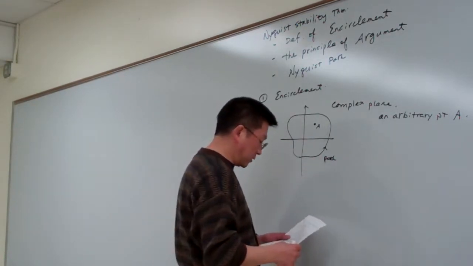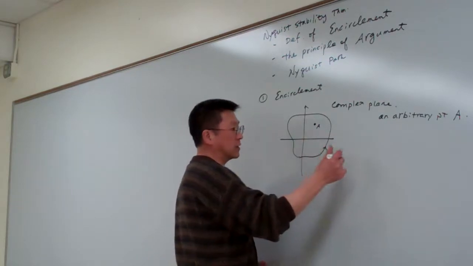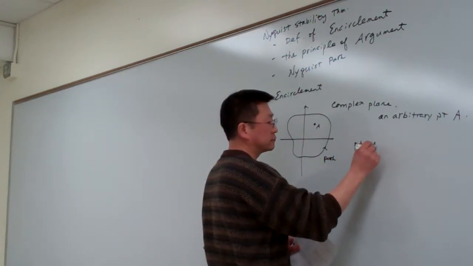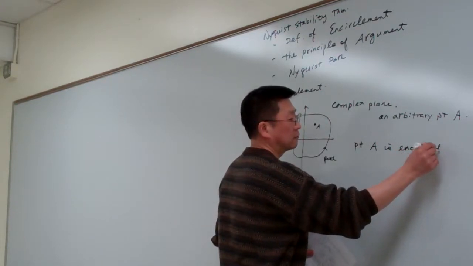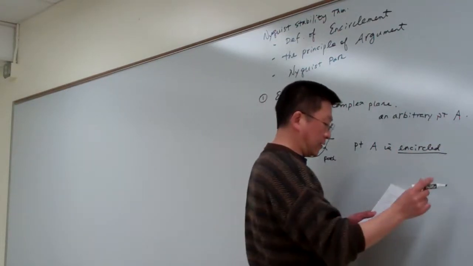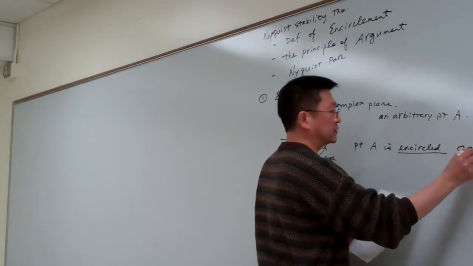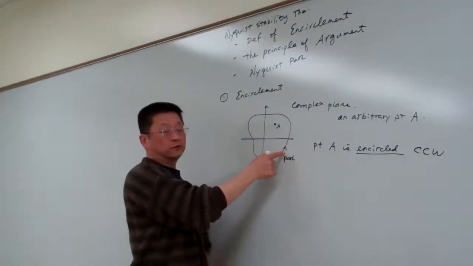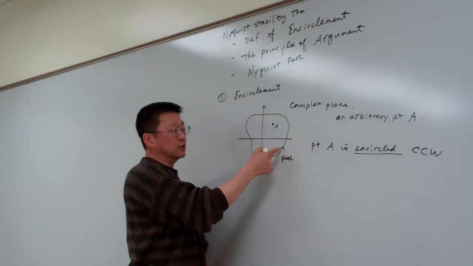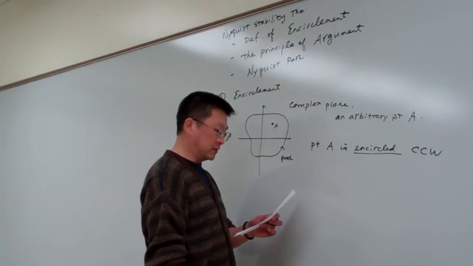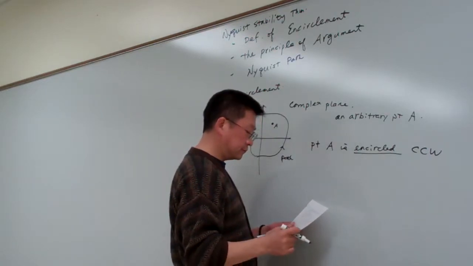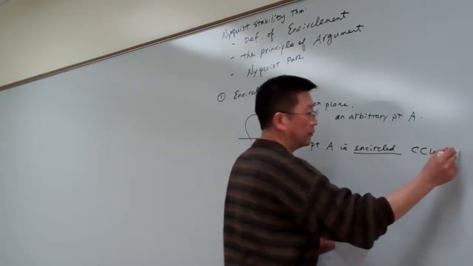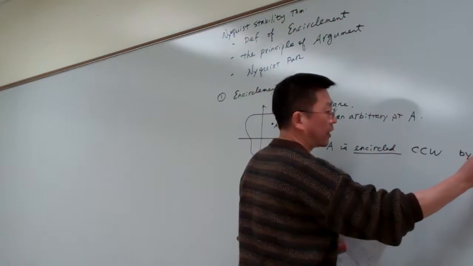Under this situation, we say the point A is encircled counterclockwise. It really depends on your preference or your interest. In this way it is counterclockwise by the path.